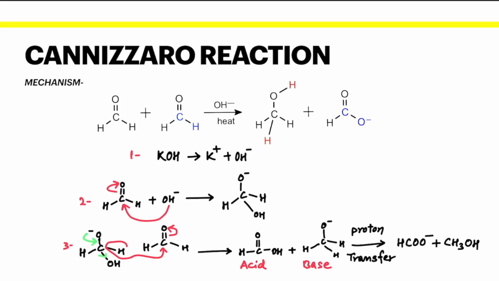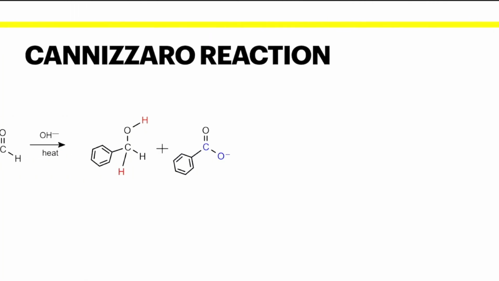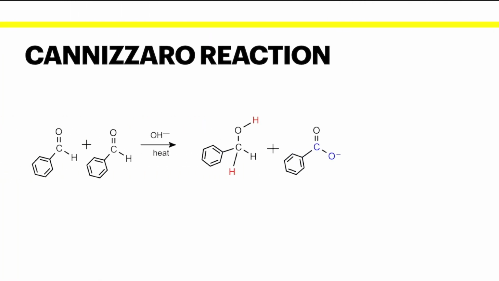Due to the shifting of hydride, another molecule of formaldehyde gets reduced and a base forms, which absorbs a proton from the acid and forms the acid salt and alcohol.